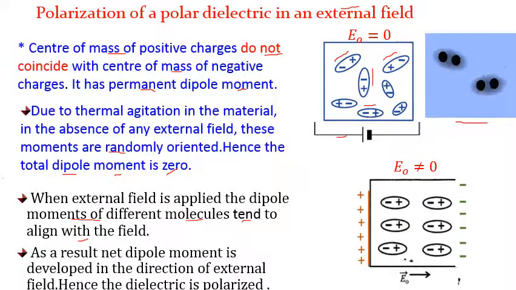Here, see in this figure, these are aligned with the field like this. See the clear difference between this figure and this figure. These are aligned with the electric field, and what is happening here? The net dipole moment is developed in the direction of the external field, or we can say that it is polarized.